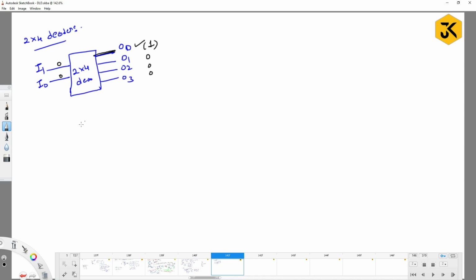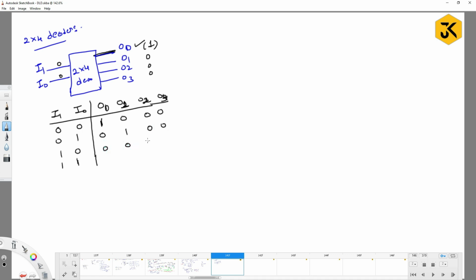If I draw the truth table for this, with I1, I0 and the input values 0 0, 0 1, 1 0, 1 1, and the output lines O0, O1, O2, O3, you get the high output at O0 when you pass 0 0, and for the remaining cases you get zeros. For 0 1 you get 0 1 0 0, for 1 0 you get 0 0 1 0, and for 1 1 you get 0 0 0 1. This is the way your 2 by 4 decoder is going to work.